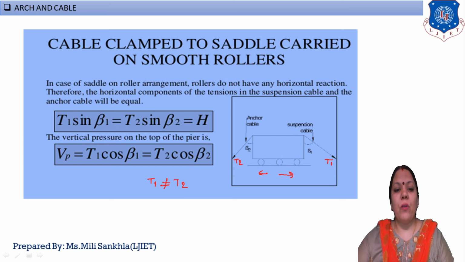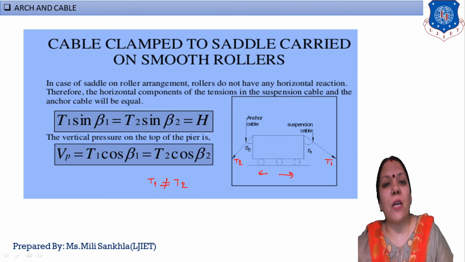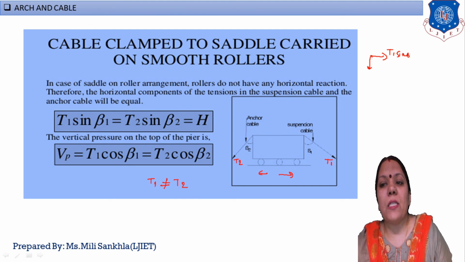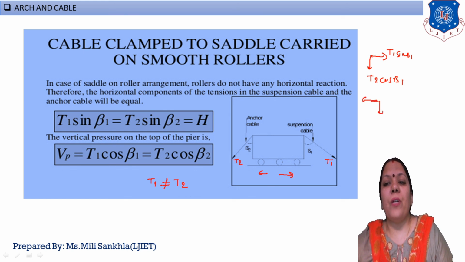So in this case, when the cable is mounted on a saddle mounted on a roller support, tension forces T1 and T2 are not equal. Now again we resolve like the first condition. The resolution is like this way. Here T1 sin beta 1 and T1 cos beta 1. Same here for T2: T2 sin beta 2 and T2 cos beta 2.